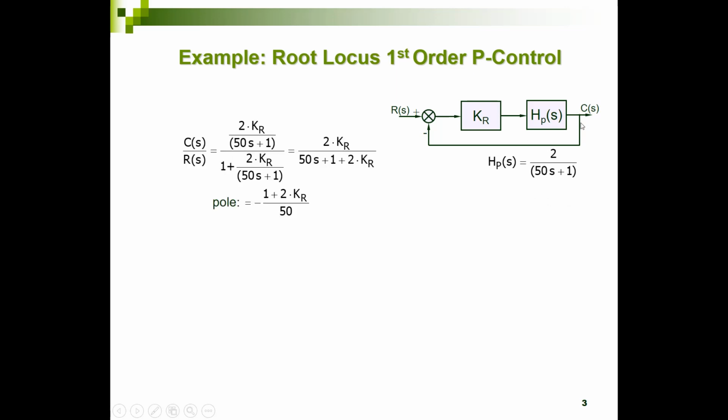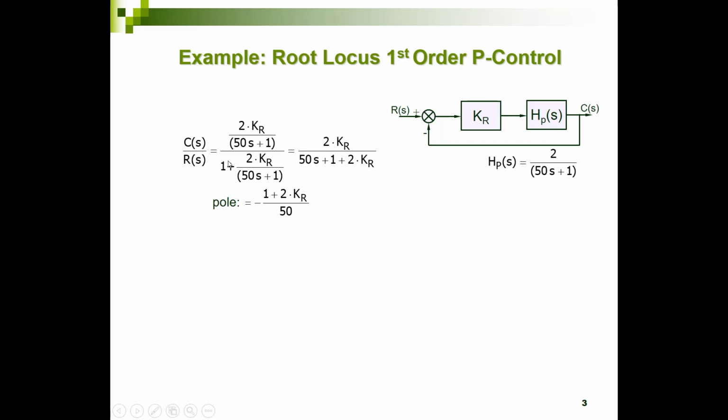Now we can define C over R, and C over R are the blocks in the forward branch, KR times HP, so KR times 2 over 50s plus 1, which is the numerator over here, divided by 1 plus all the blocks in the complete feedback loop. So 1 plus KR times HP, so 1 plus KR times 2 over 50s plus 1, which is in the denominator over here.